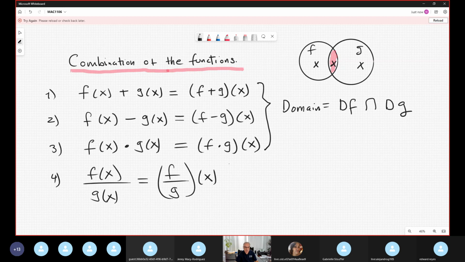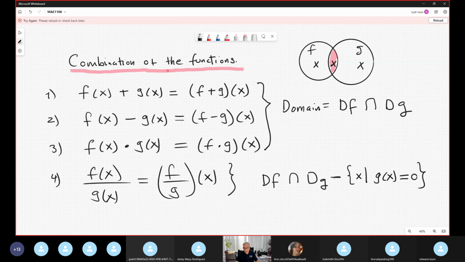And division is picky. Division introduces an artificial restriction because you need to include domain of f intersection domain of g, and you exclude, minus, the part in which x such that g of x is not zero.